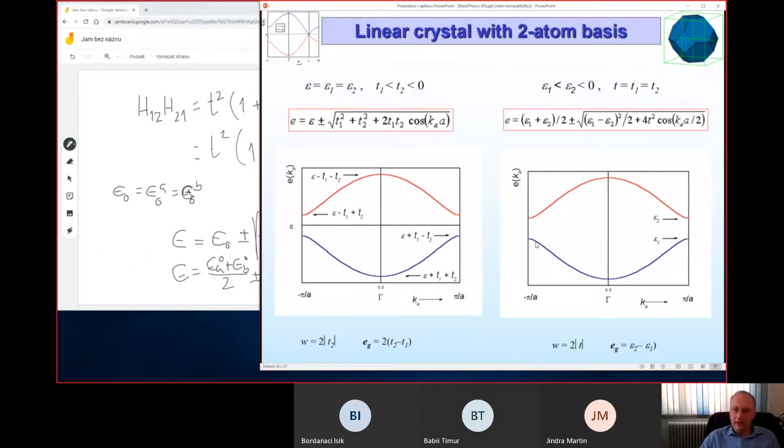But again, the band gap is open between the valence band, which is filled, and the conduction band, which is empty. So now let's imagine we have a chain of sodium atoms and chlorine atoms with the corresponding valence orbitals. So sodium brings 1 electron and chlorine also 1 electron.